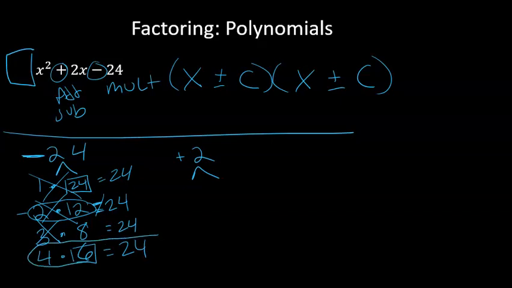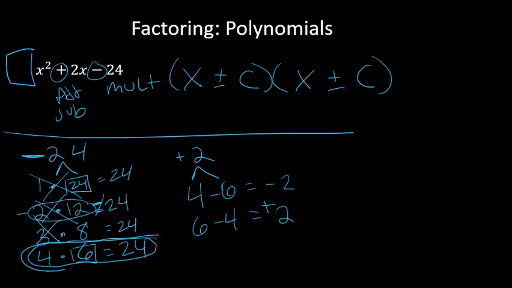It looks like this is doing really well. Let's use this as a placeholder. If I did 4 and 6, what does it give me? If I subtracted, it would give me a negative 2. I need a positive. But what if I did 6 minus 4?